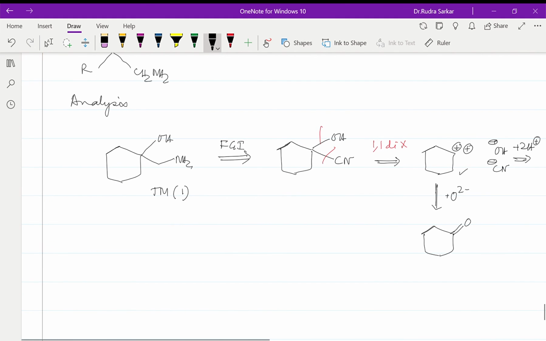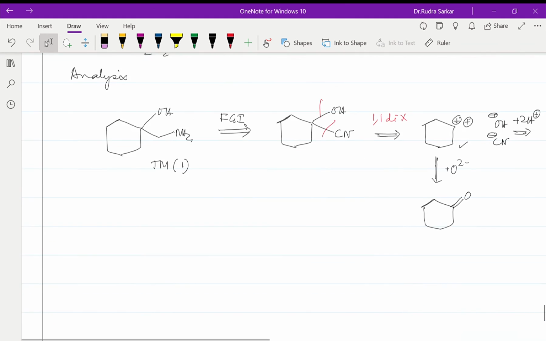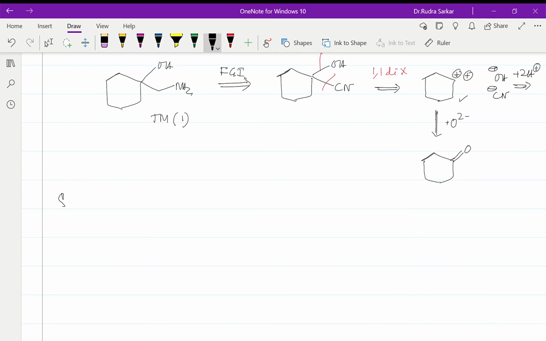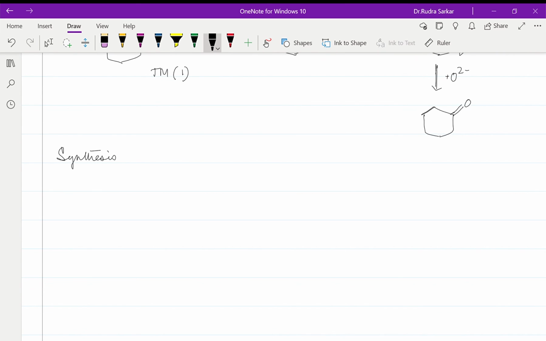Alright. So now while synthesizing this molecule, what do we say? We have a cyclohexanone. We are using KCN in presence of ethanol. So this is a 1,2 nucleophilic addition reaction, isn't it?